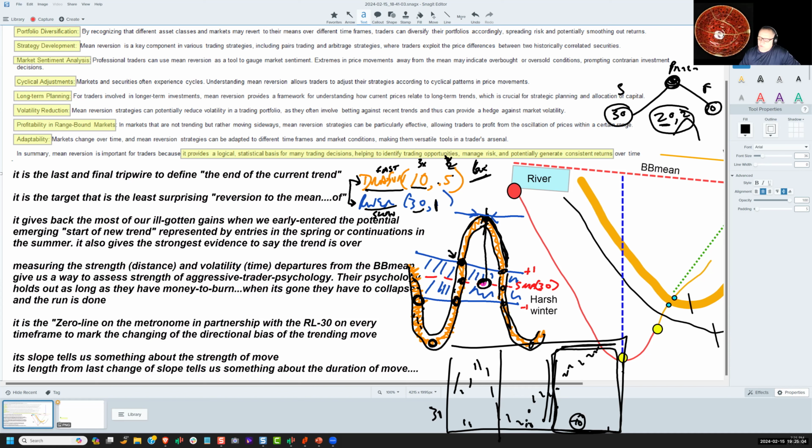So if we measure this line from here to exactly there, that gives us a way to have a calibrated size and strength of that move. That's how far they were able to move it away from the absolute center of normal.